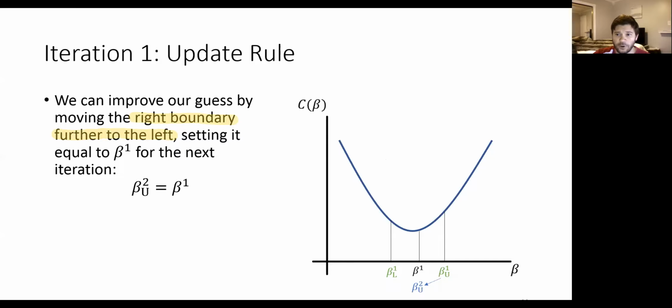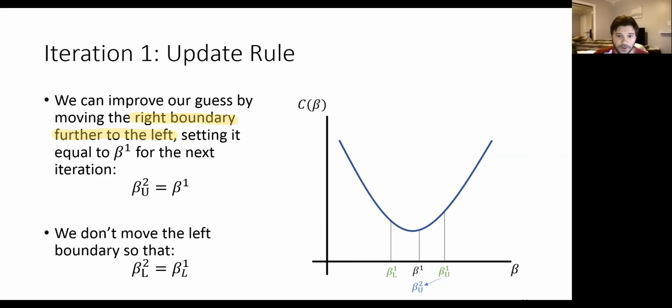We're not going to move the left boundary this time. So beta 2's lower bound is going to be equal to the same lower bound that we had in the first iteration. Again, note that we have reduced the search interval, right?